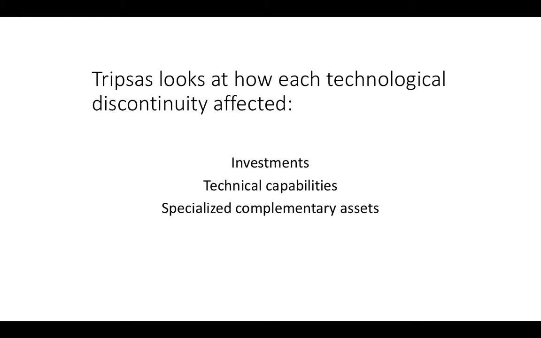A specialized complementary asset here is a non-technical asset which is specific for the purpose of a typesetter. We'll see it in more detail when we look at the study.